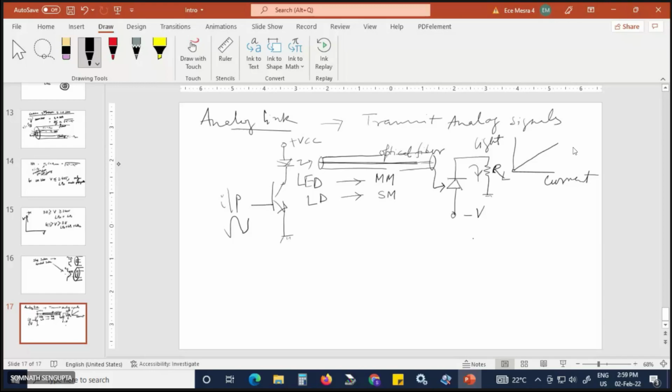In place of single mode fiber, we use laser diode, and in case of multi-mode fiber, we use light emitting diode. And depending on the wavelength, for this particular experiment, we have used 660 nanometer LED. That means it is a red light LED.